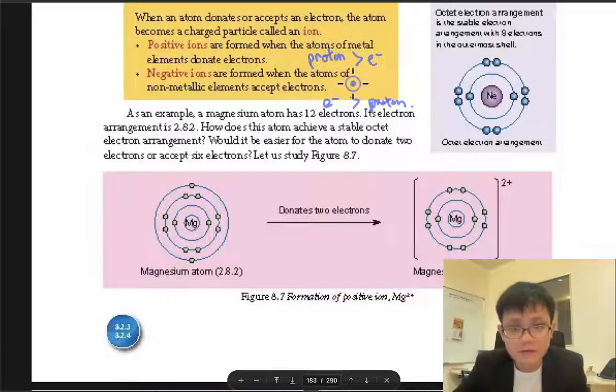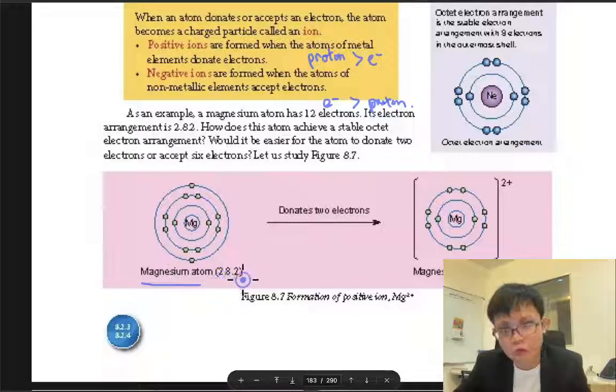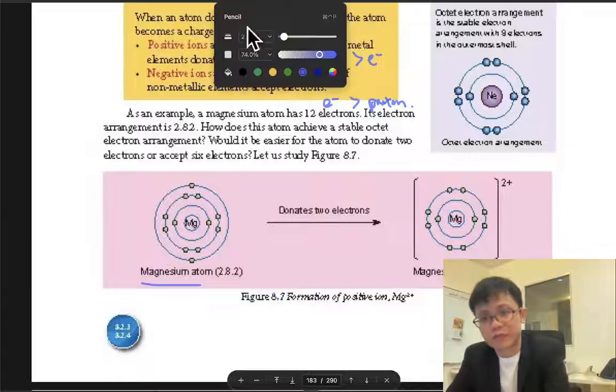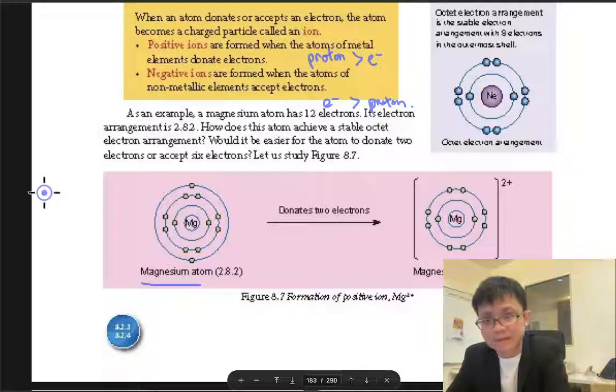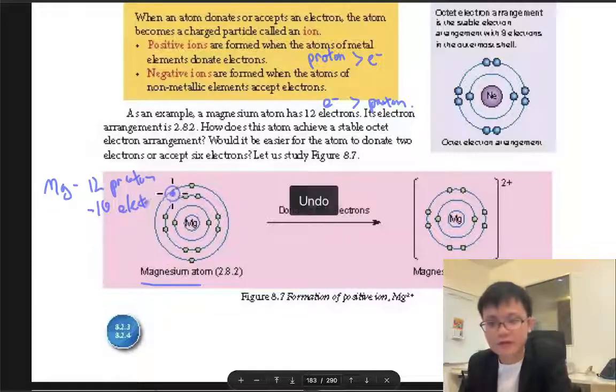For example, magnesium. Magnesium is supposed to be 2, 8, 2, which is actually 12 proton number. So magnesium, if you look at the periodic table, has 12 protons and 12 electrons, because it's usually the same.